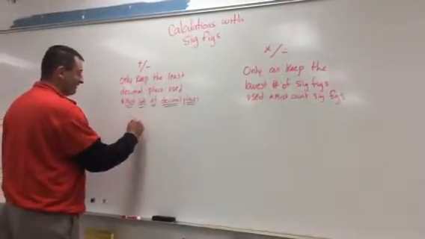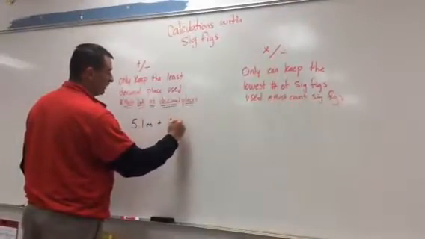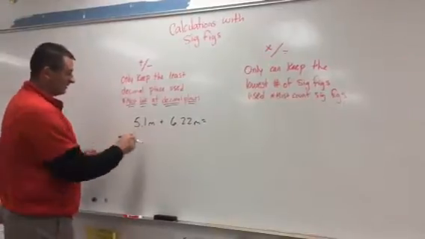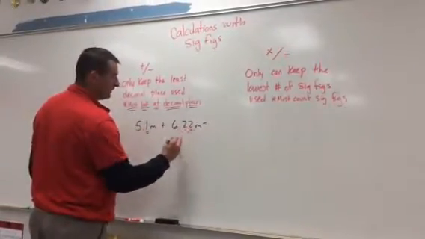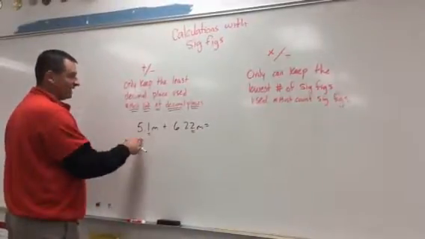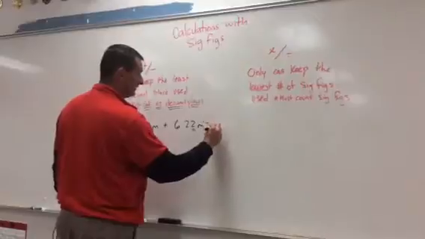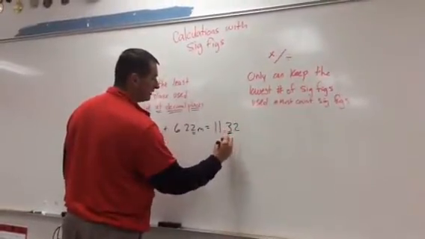So if I have 5.1 meters plus 6.22 meters equals, this number goes to the tenths place, this number goes to the hundredths place. So my answer can only go to the tenths place. It's going to be 11.32, but I can only go to the tenths place.